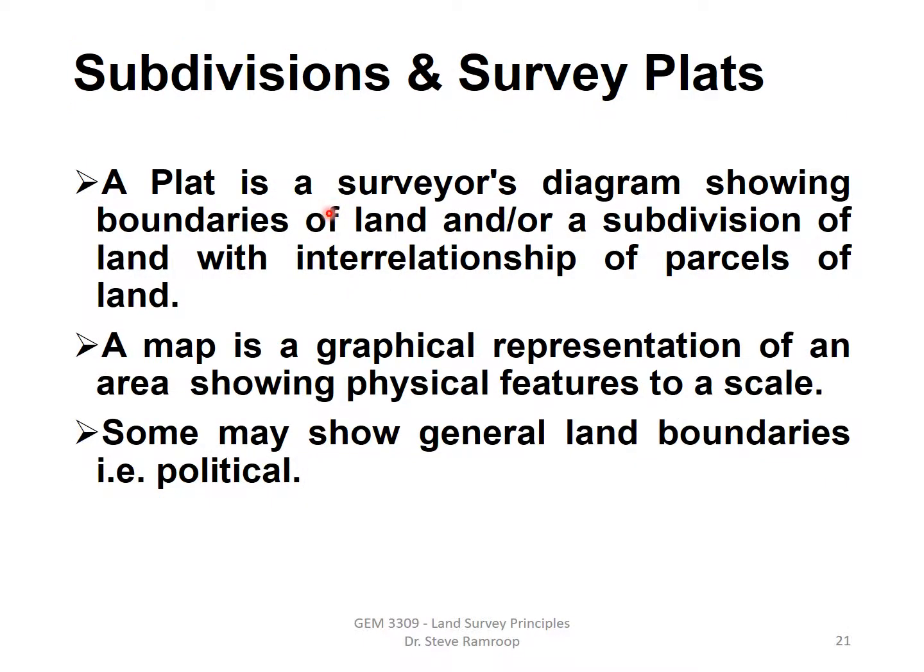Subdivision and survey plat. A plat is a surveyor's diagram showing boundaries of land and/or subdivision of land with the interrelationship of parcels of land. A map is a graphical representation of an area showing physical features to a particular scale, and of course with reference to a particular coordinate system if you're using coordinates.